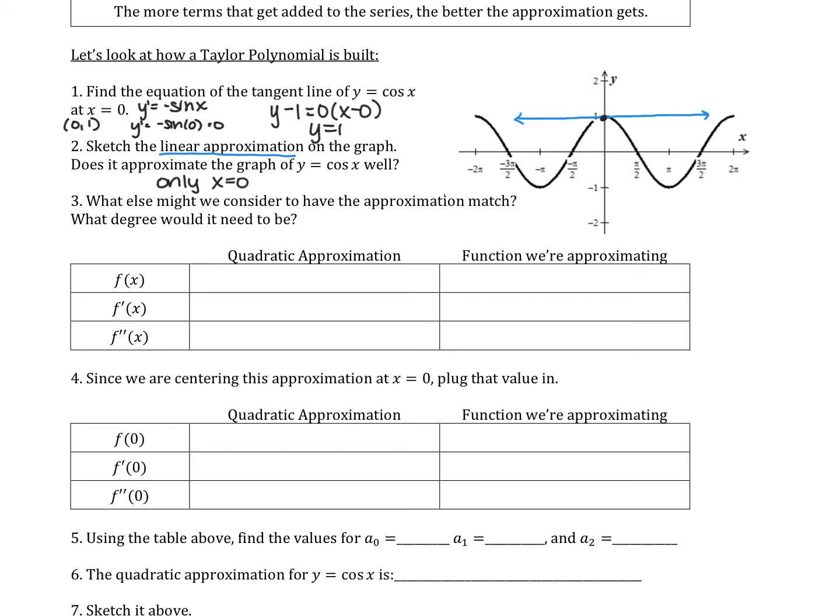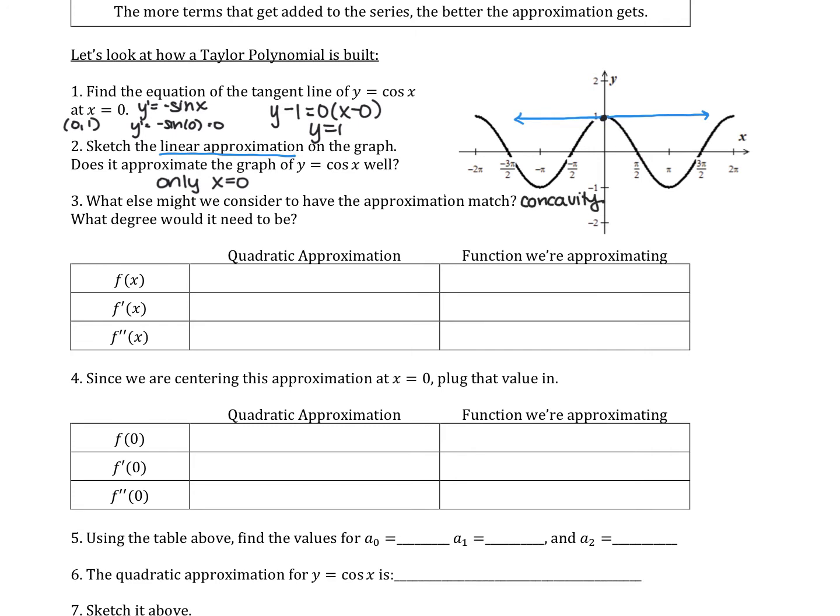The problem with that is, if I'm trying to approximate the entire function of y equals cosine of x, this is not a great tool to have. Okay, so what else might we think of? If you were to think of a shape that would approximate this well, what is this graph lacking that we might need to be able to approximate this curve? Hopefully what you think about is we need some concavity in there.